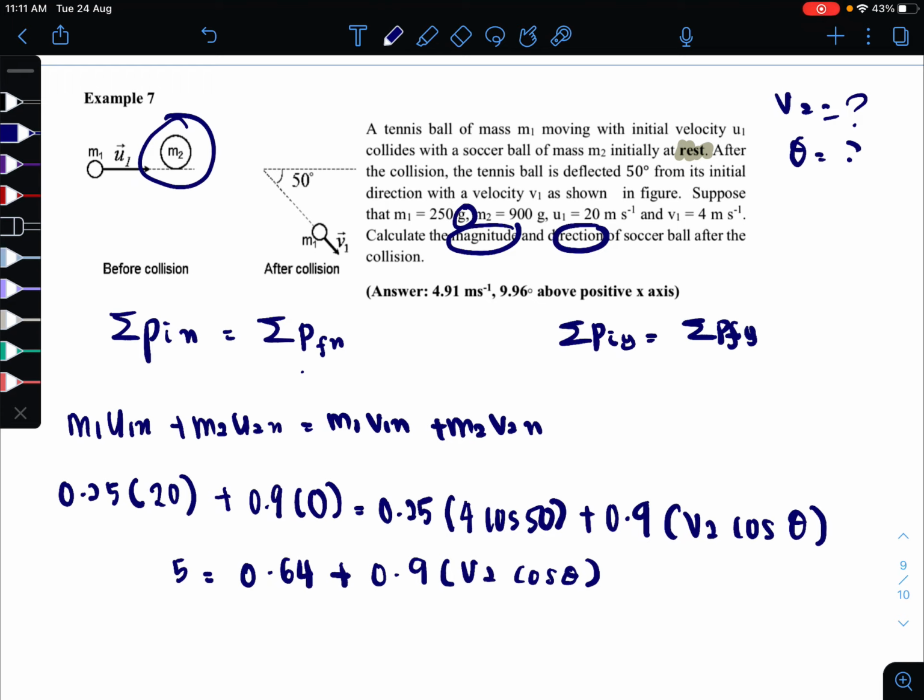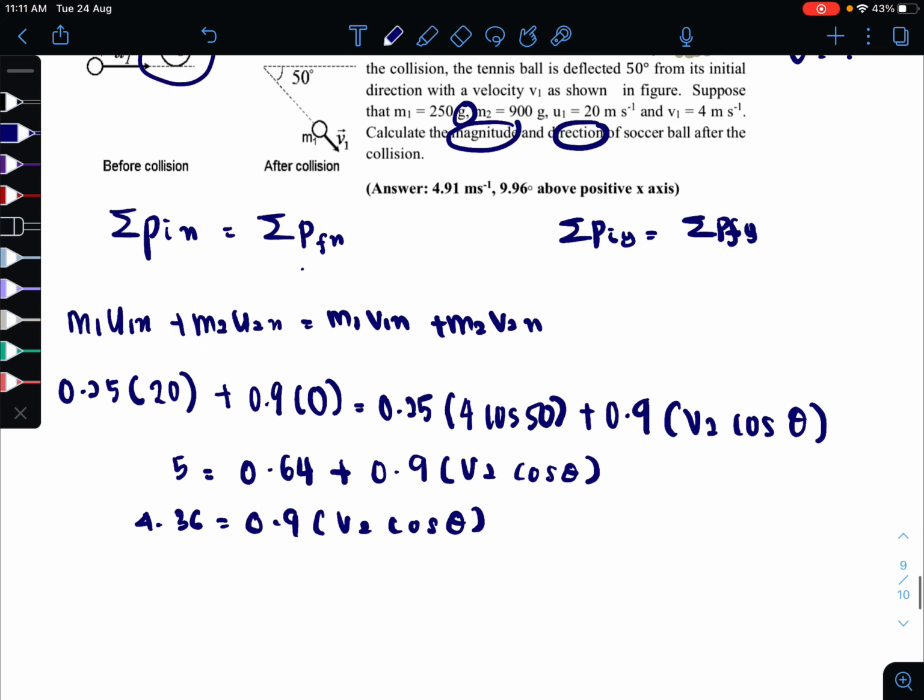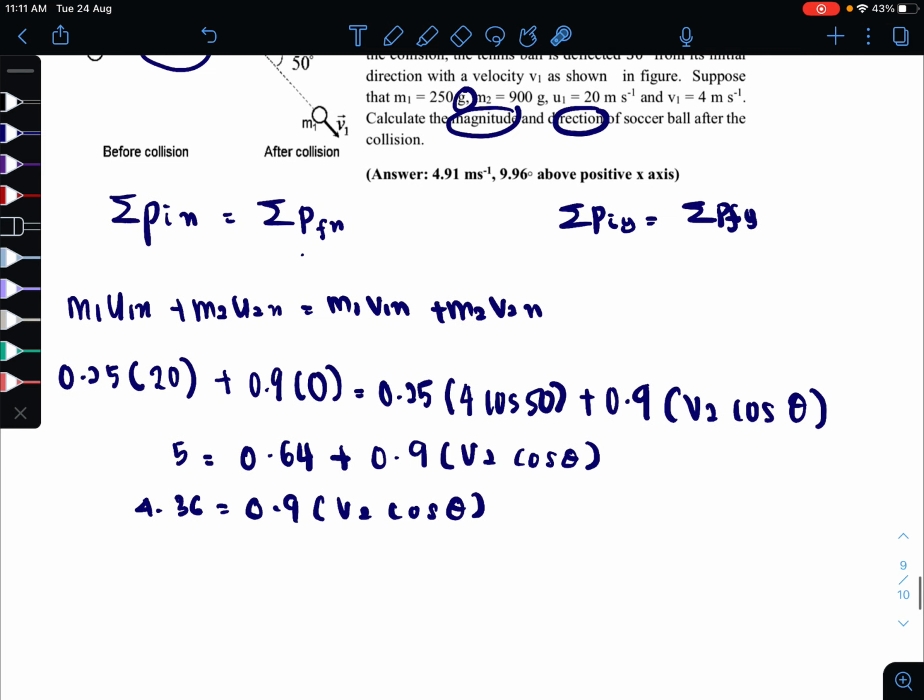So I'm going to simplify this. 5 minus 0.64. Bawa kawan ni ke kiri, so tolak. So you should get 4.36 is equals to 0.9 V2 cos theta. So we can still simplify this by bringing 0.9 here.